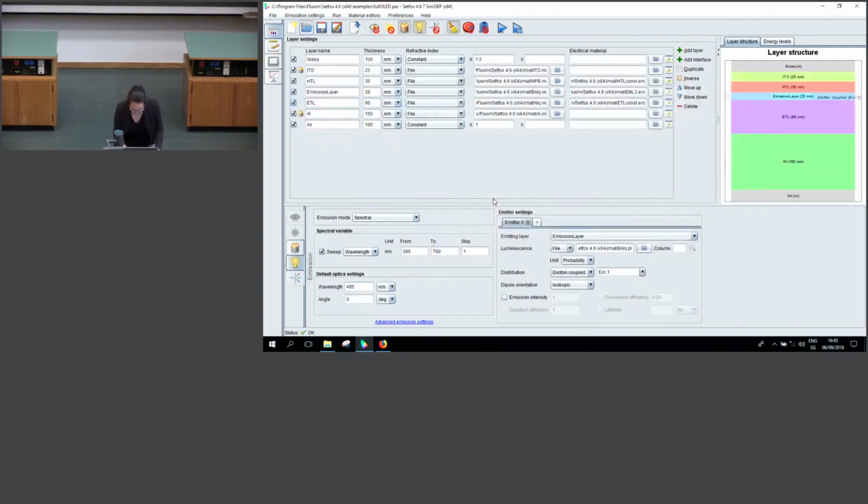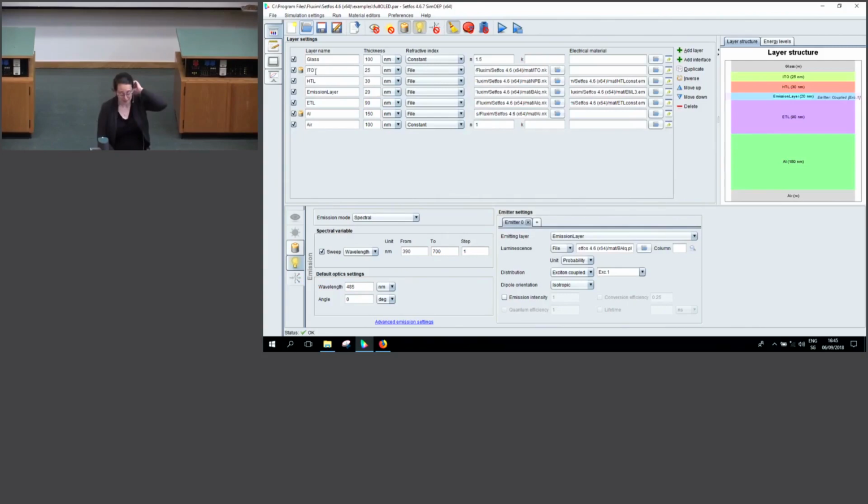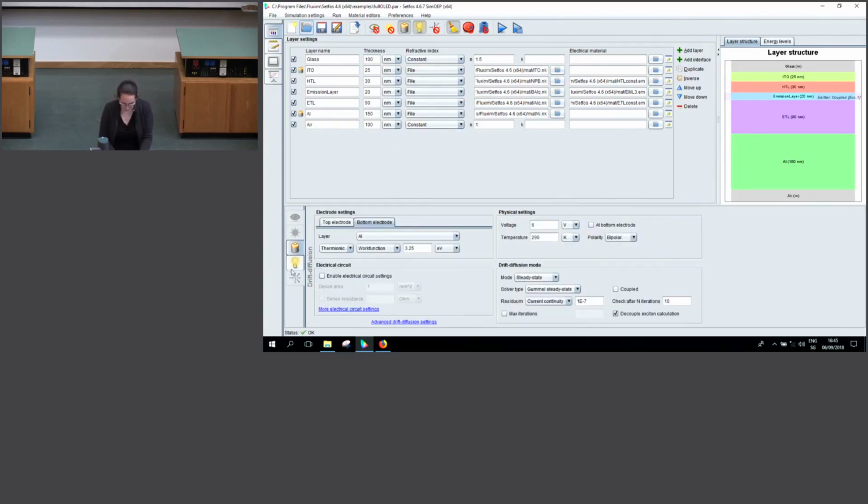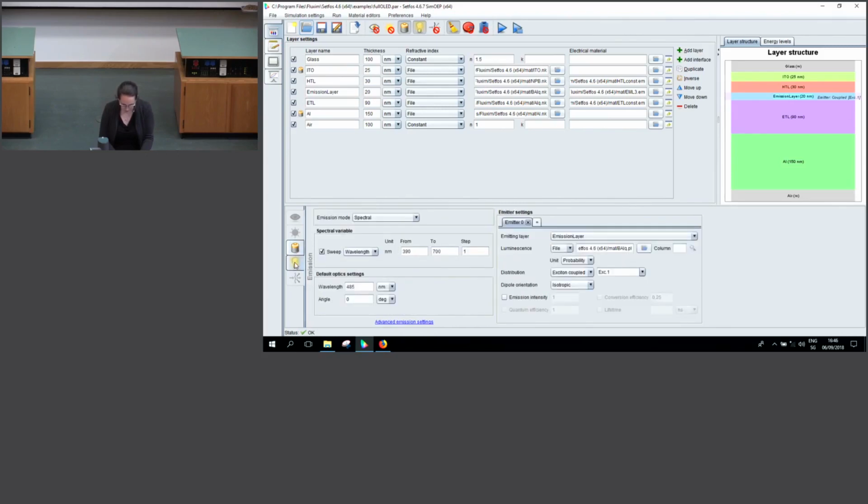So the example is full OLED, Full OLED.par. Since you've been here quite some time, I think I don't have to explain all the details. The only thing we add now is to couple the emission to the charge distribution. So this is done here.